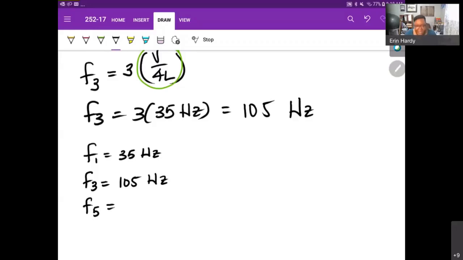The next allowed will be F5, so that's 175. Next, F7 is going to be 245. So this is one of the given values that we started off knowing. So this tells us by default that F9 is going to be 315.